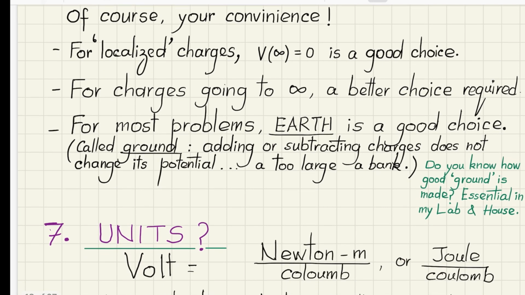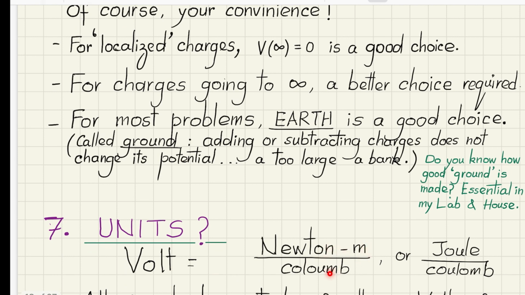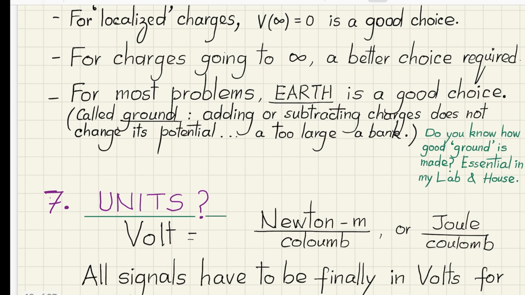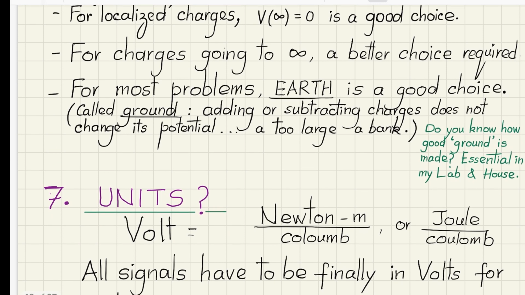Now, what are the units? We know the volt, newton meter per coulomb or joule per coulomb. This is one of the most used units because every signal that has to be electronically processed, for example in your cell phone, whether it's pressure or temperature, is converted into volts. And then to display also, you require signals in volts.